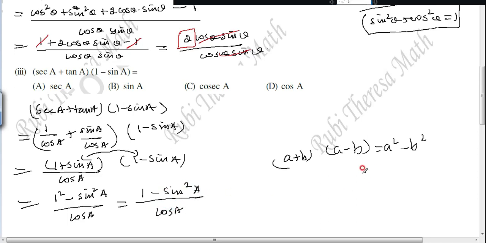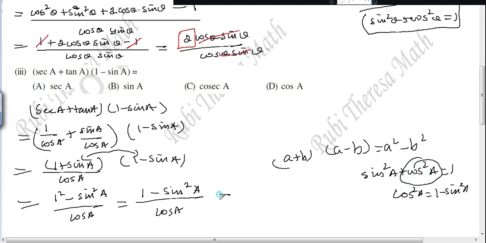1 minus sin squared A is what? Sin squared A plus cos squared A equal to 1. So, cos squared A equals 1 minus sin squared A. You want to find out 1 minus sin squared A, so I am keeping cos squared A here.